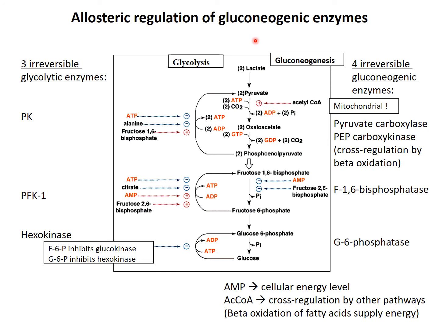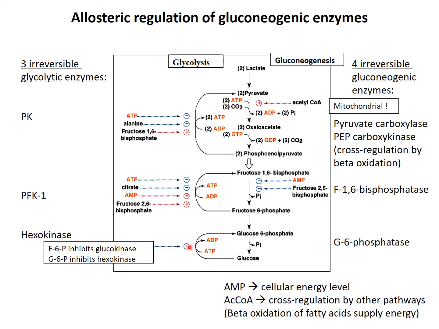Now, how do we regulate this process? This is now a summary for you of what you learned before regulating glycolysis, and now compare and contrast with gluconeogenesis. We had the 3 irreversible enzymes, hexokinase/glucokinase, PFK1 and PK in glycolysis.